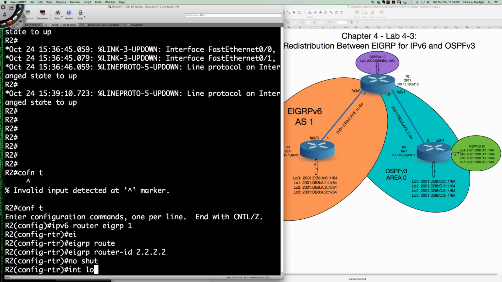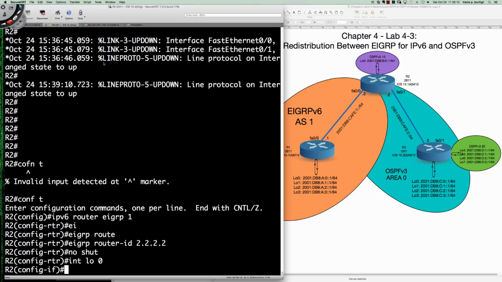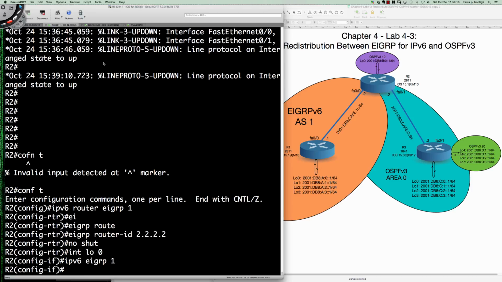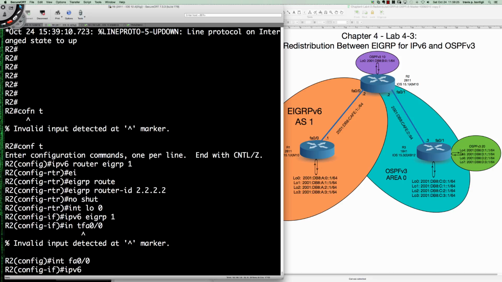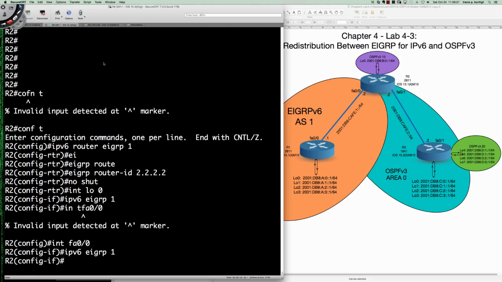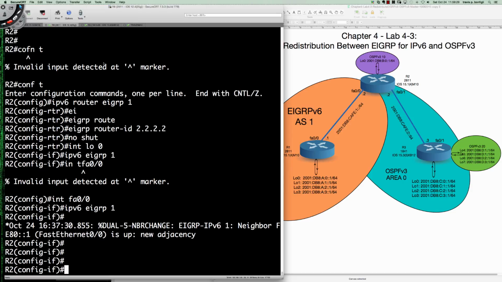All right, so now we're going to go to interface loopback 0, which is up top there. This is the loopback 0 interface, and we're going to say IPv6 EIGRP 1. And then we're going to do the same thing for interface FA0/0, IPv6 EIGRP 1. And as soon as we do that, we should see an adjacency come up.